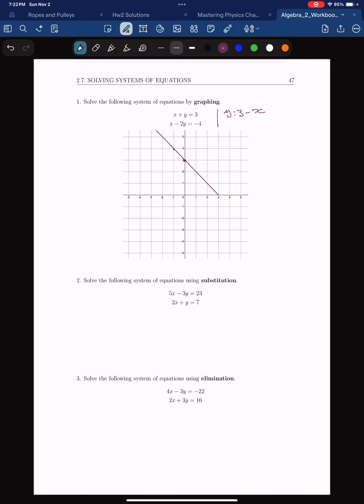Boom. That's my line. Here again, convert this one to slope-intercept form to make it easy for me. So 2y will be equal to minus 4 plus x, divided by 2, so y will be equal to minus 2 plus 1/2 x.